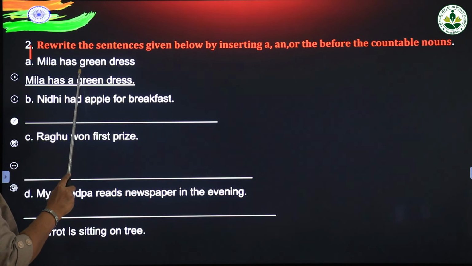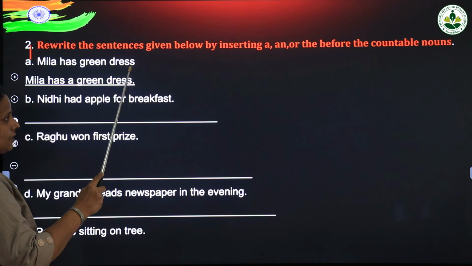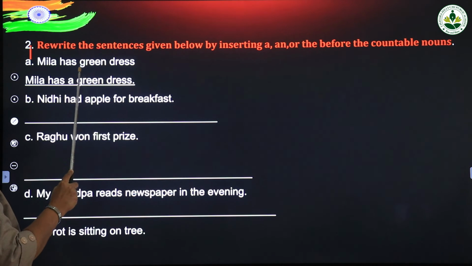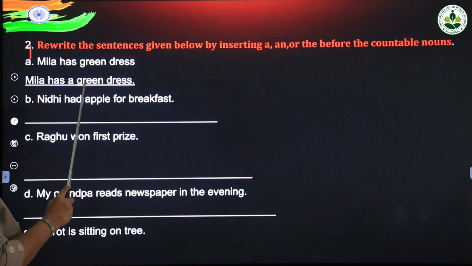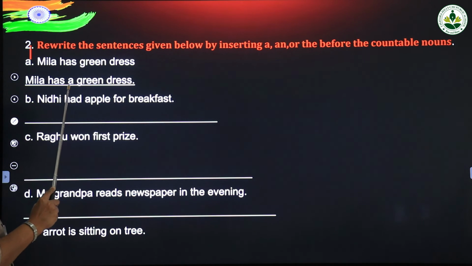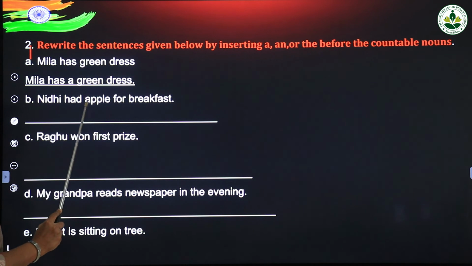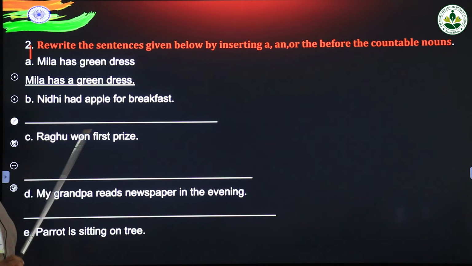Here the countable noun is green dress, so before that we have to add a, an or the. You see the word green, it begins with G, a consonant sound, so of course before green dress we have to add a.